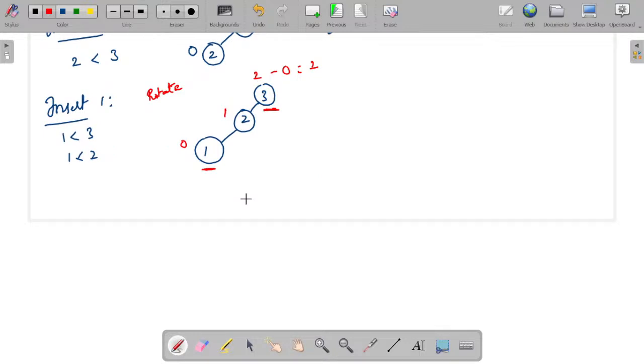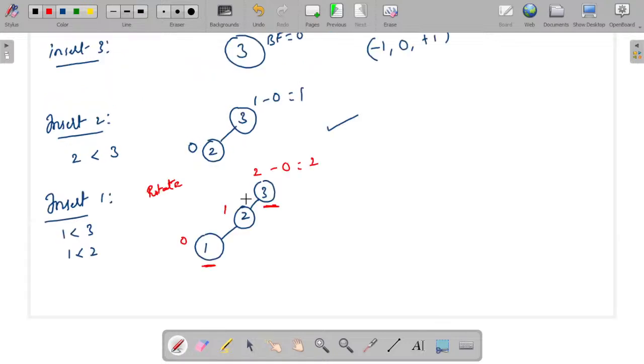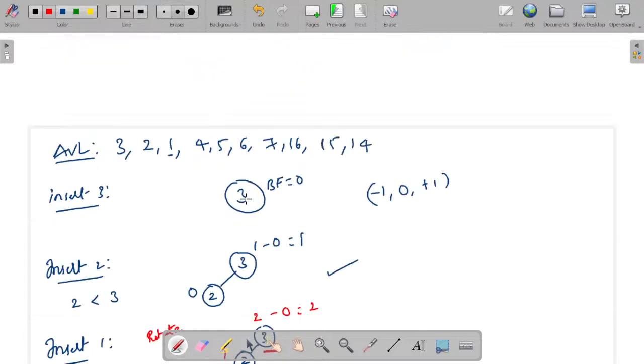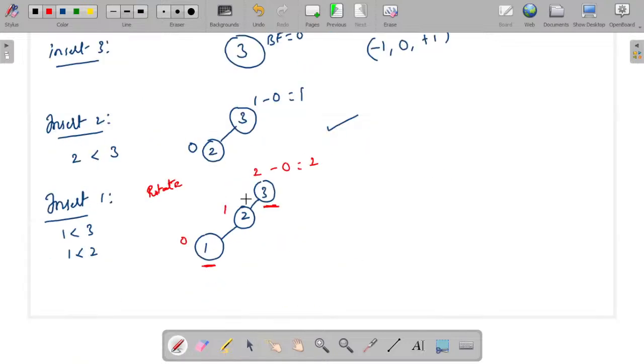Sir, can you construct an AVL tree for these numbers? Alright, Tarun, I'll construct an AVL tree for that also, but let me complete this tree. This tree is not going to take so much time, and then we will construct an AVL tree for your given list of numbers also. Alright, I'm just taking a screenshot of your question so that I will not miss it.